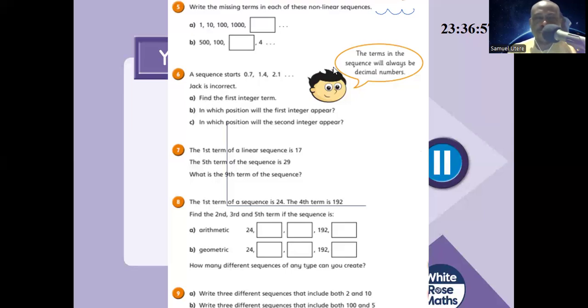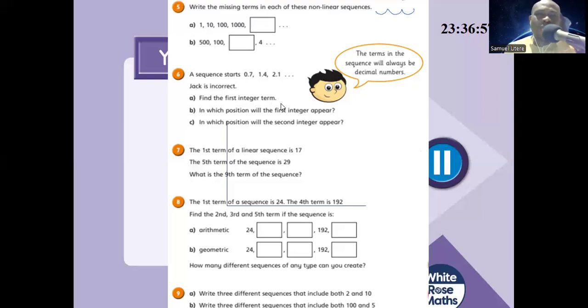Of course, you've been told Jack is incorrect because it's not always going to be decimal numbers, but you're told to find the first integer term. So you're going to have to find the common difference, which is adding 0.7, and keep doing that until you find the first integer term.